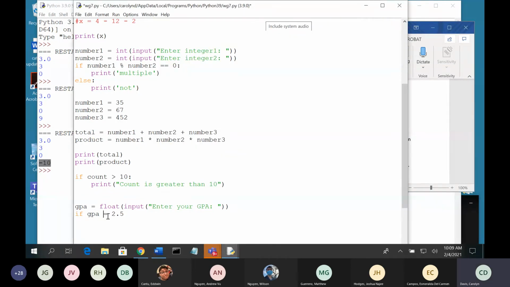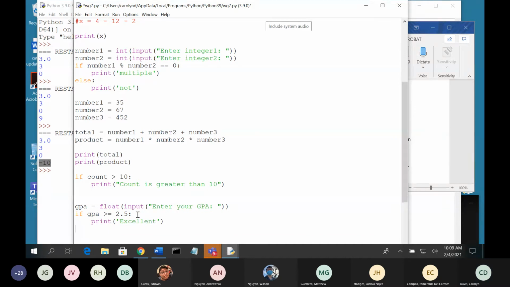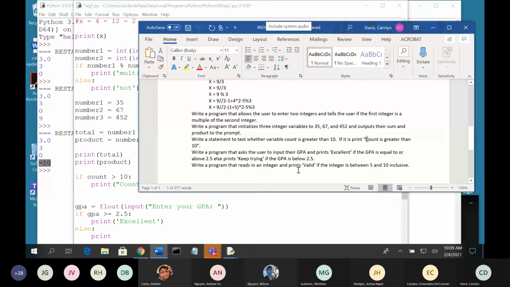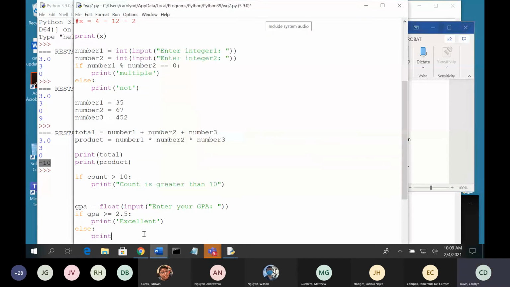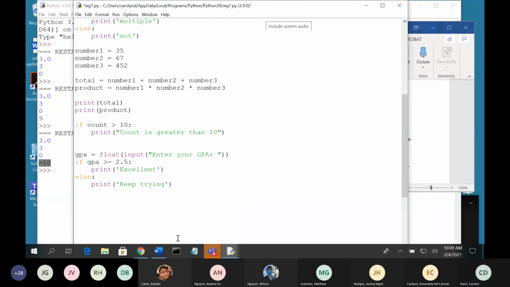Greater than or equal to 2.5. We were going to print excellent. Any problems?